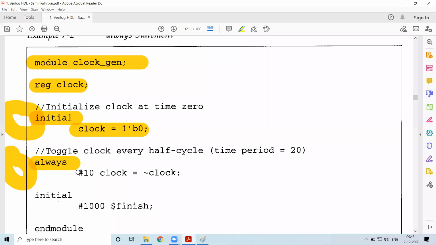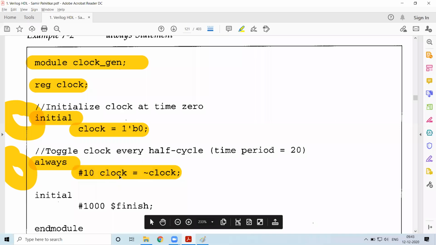In this always block, you can see that there is only one statement, which is clock equal to the negation of the clock. So its value gets toggled. If it was 0 previously, it becomes 1; if it was 1 previously, it becomes 0. This keeps on repeating.